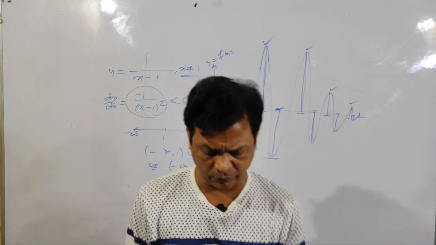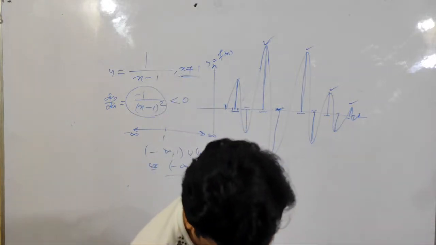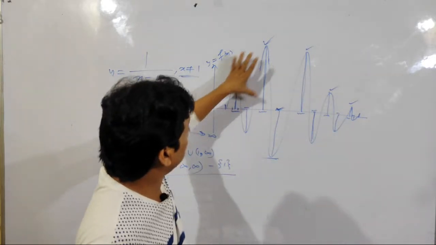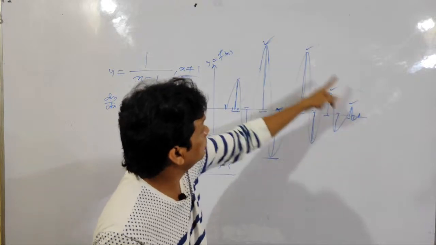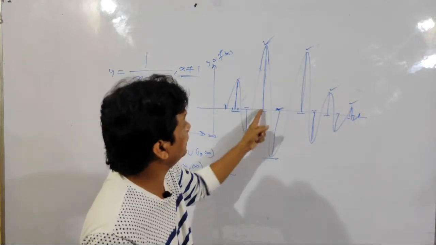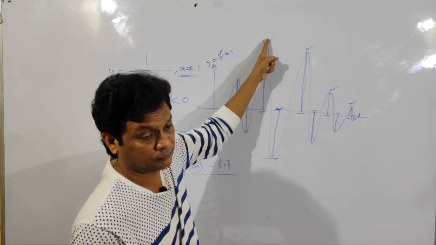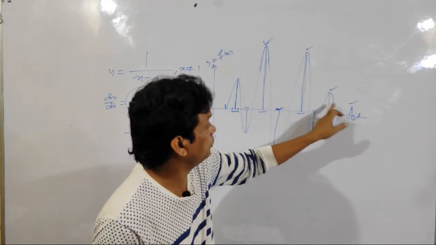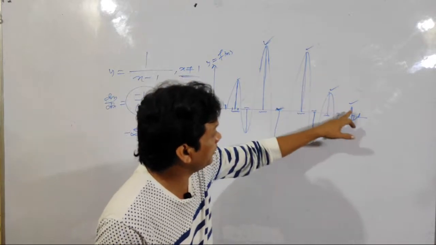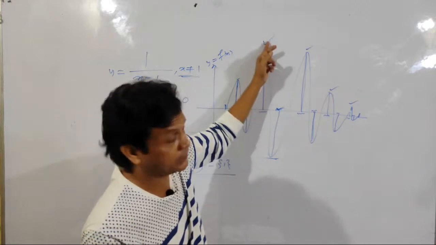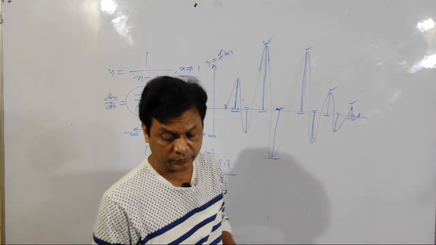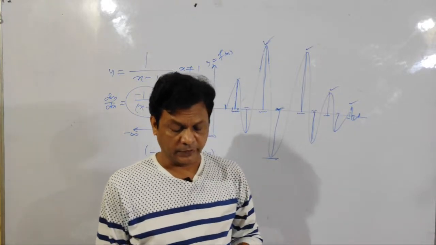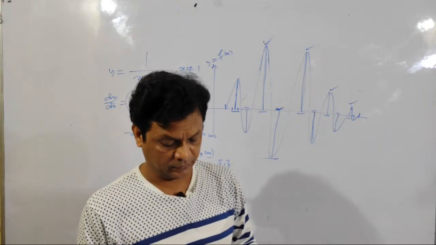Absolute minimum, Sujata Raut. Absolute maximum, absolute minimum. This is the absolute maximum. Among the maximum values, this one is maximum, this one is maximum, this one is maximum. Among the local maxima, the largest one is the absolute maximum. All these are local maxima, 1, 2, 3, 4, 5. And among the local maxima, which one is the largest? This one is the largest. So this one is the absolute maximum. Clear? That means the maximum of the maxima.